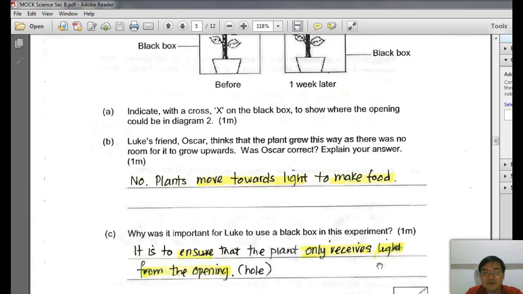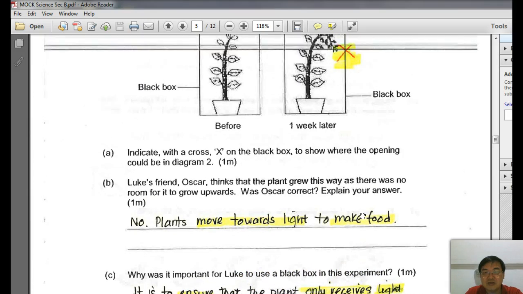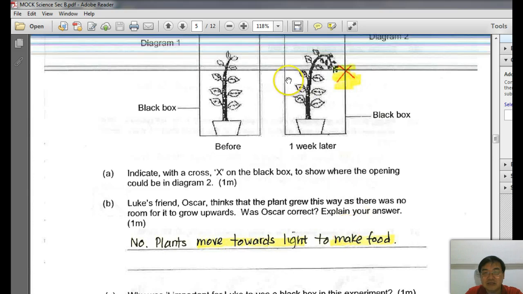That's all. Next, why was it important for Luke to use a black box in this experiment? Why does he not need to use boxes like glass or paper boxes and so on?